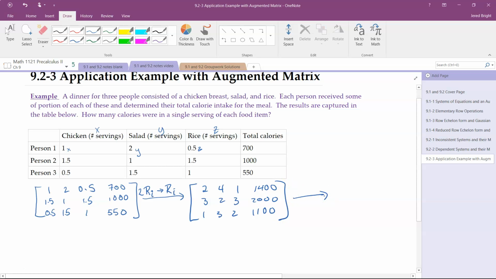Next, I'm going to interchange row 1 and 3. So I end up with 1, 3, 2, 1,100, 3, 2, 3, 2,000, and 2, 4, 1, 1,400.